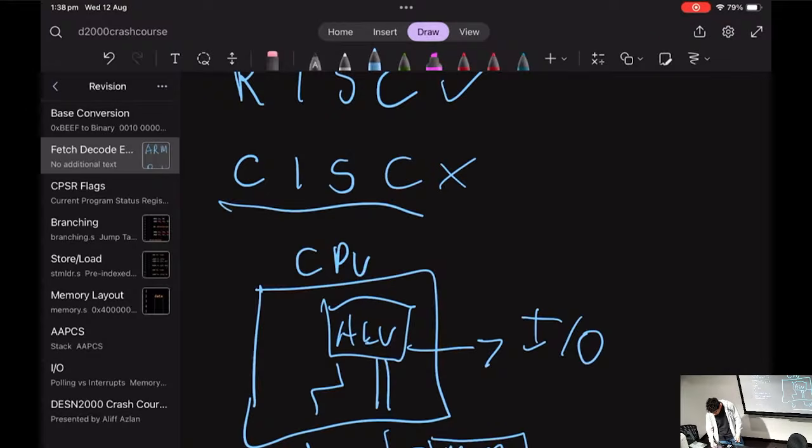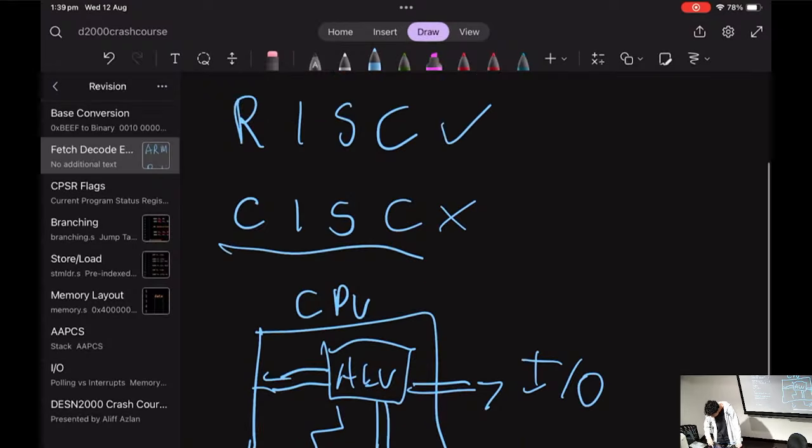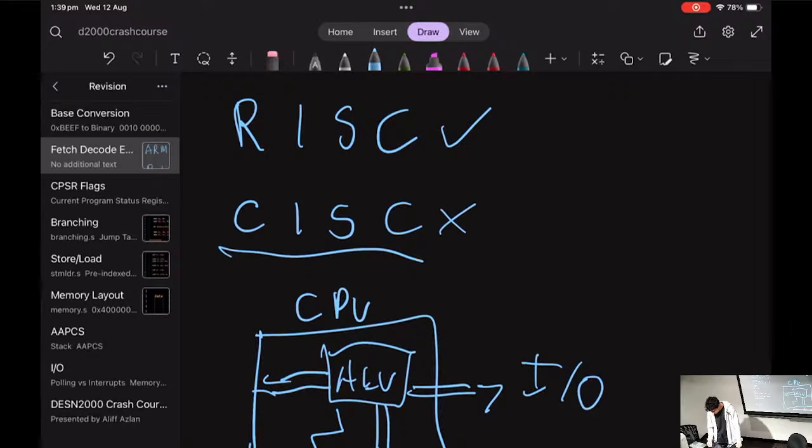So they might have another bus here, going straight into some interface that deals with I/O, and there's a specific instruction for that. And for people programming in, say, x86, it makes their life easy. They can just run a certain instruction to deal with certain inputs and outputs. Whereas for us, we have to use memory mapped I/O, right? So that's the difference between RISC and CISC.